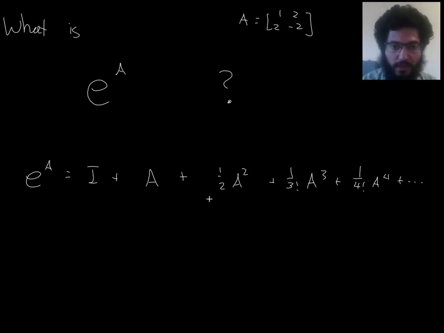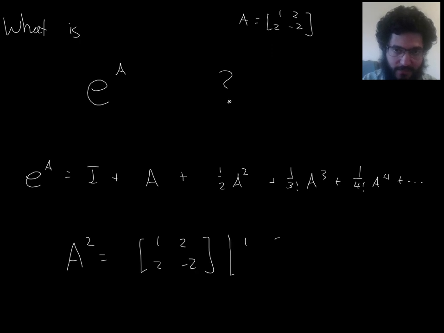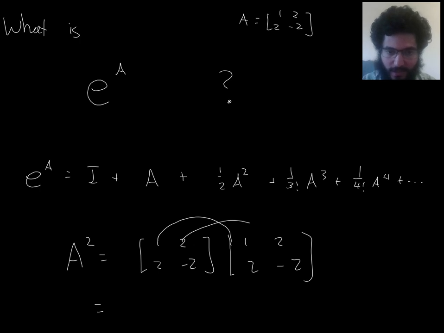Hopefully that is sounding like a horrible task for you, right? Even just this is really annoying to compute, and then it gets more annoying as you go along. Like A squared, that's this matrix times itself. That's quite complicated, right? That's not just like this term squared, that term squared.